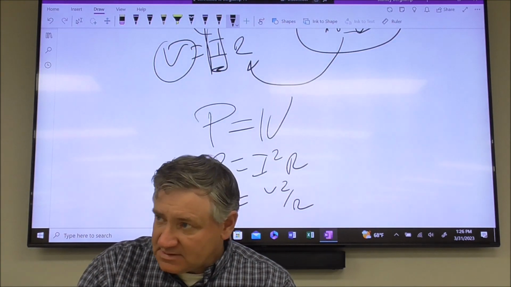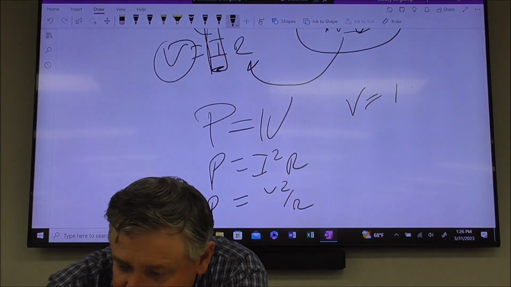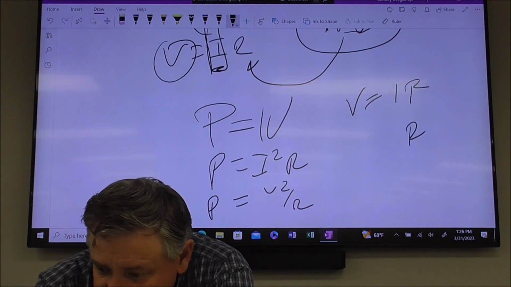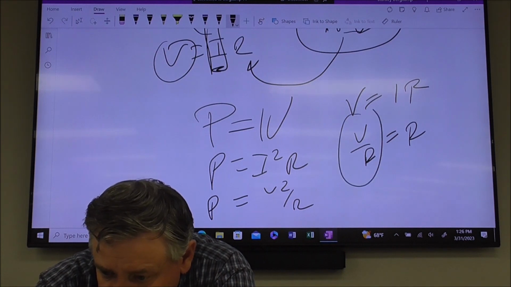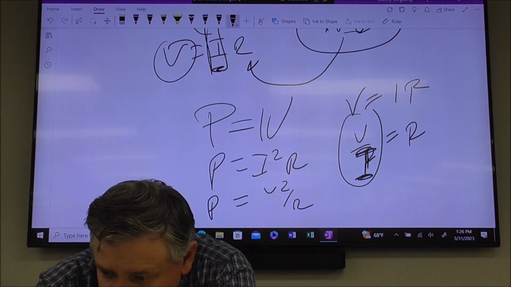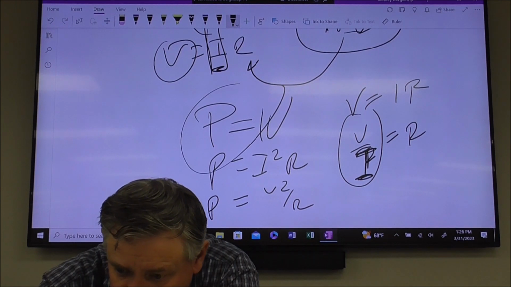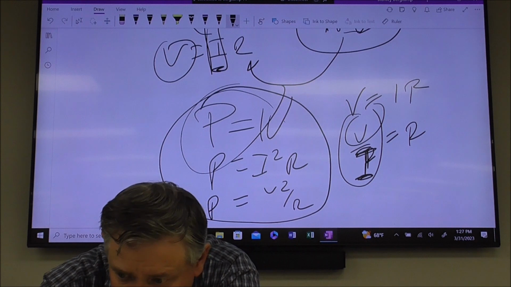If you're on the test and you flip out and say, man, I don't know how to come up with those, just start with the idea that you have V = IR. If you solve for resistance, that's V over I. Then if you look at P = IV, you can substitute that in. You have to be able to come up with these.